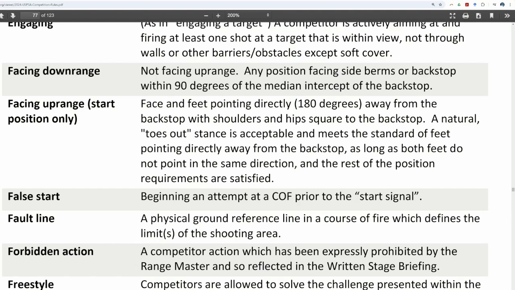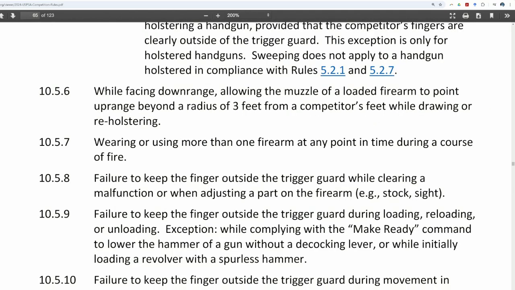In the case of both Buck Lawler and the competitor in Ben Steger's video, they were both facing downrange, allowing the muzzle of the loaded firearm to point uprange beyond a radius of 3 feet of the competitor's feet. So that means while drawing or reholstering, you're allowed to point the gun uprange within a 3-foot radius of your feet.